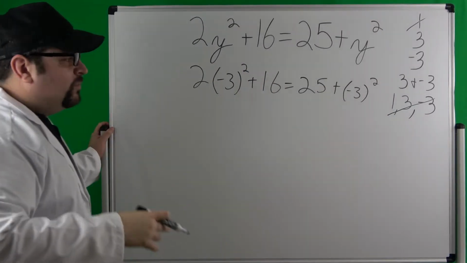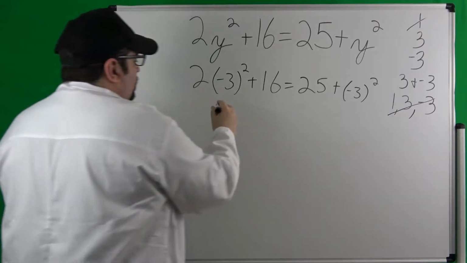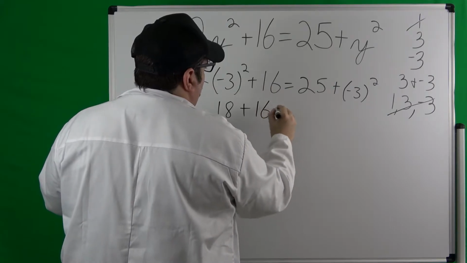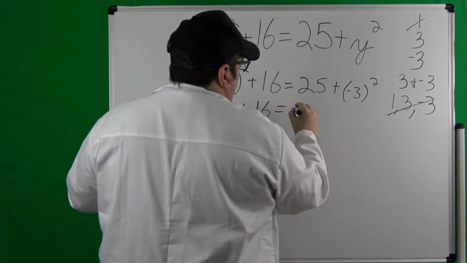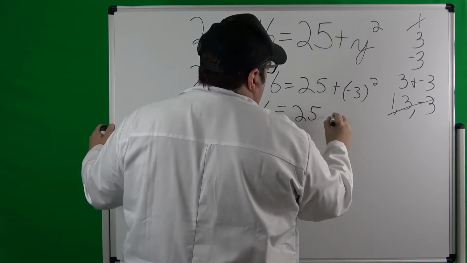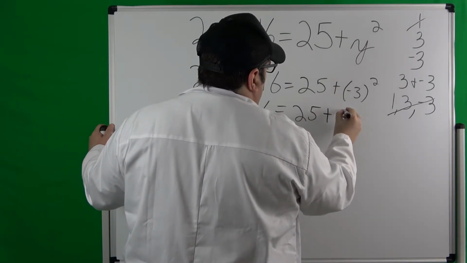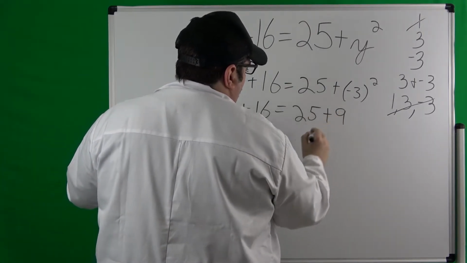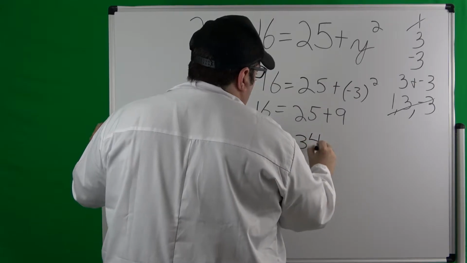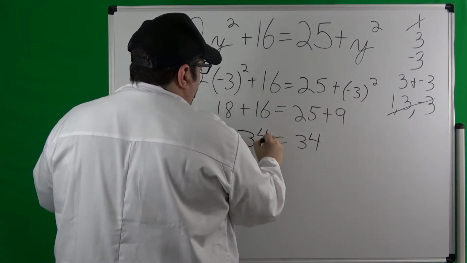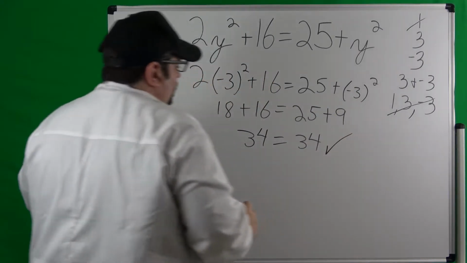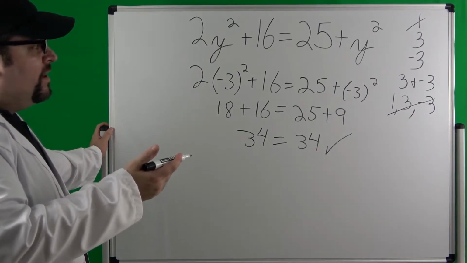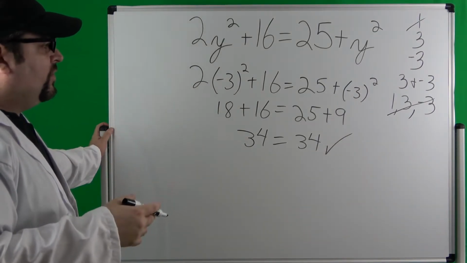So -3 squared is what? 9. 9 times 2, 18 plus 16 equals 25 plus 9. And let's see here, that's going to be what? 34 and 34. All right. And since -3 works, we know that regular 3 is going to work. They're both going to work, right?